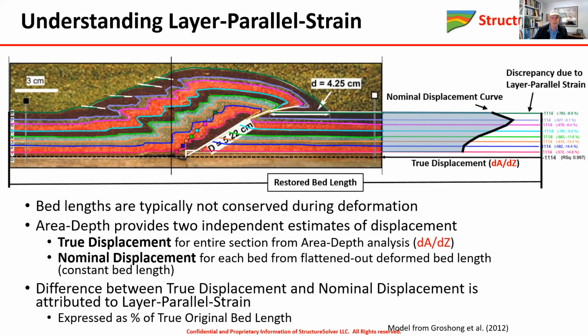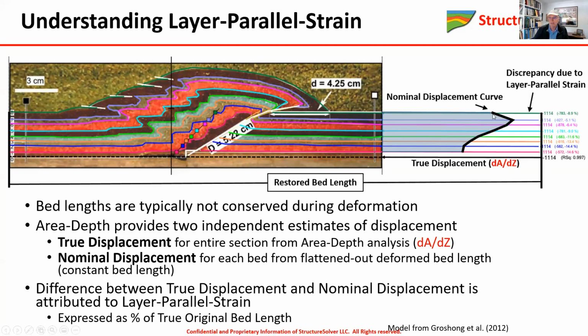So in contractional structures, very typically, beds and layers will experience contractional strain. So the beds will actually, in certain parts of the structure, thicken up and the bed length will shorten. So if you take a naive measurement of the bed length and the shortened bed length and then flatten it out, it will not give you the true displacement on the structure.